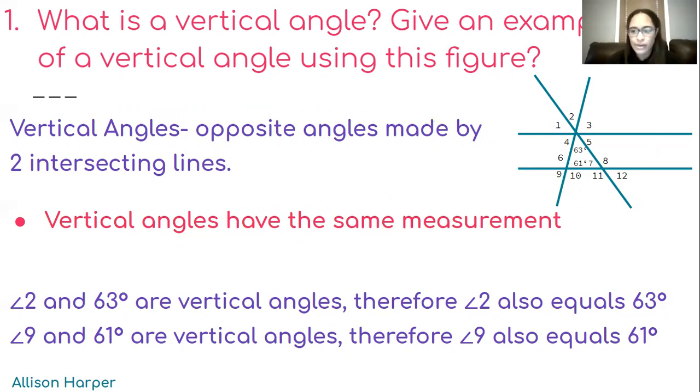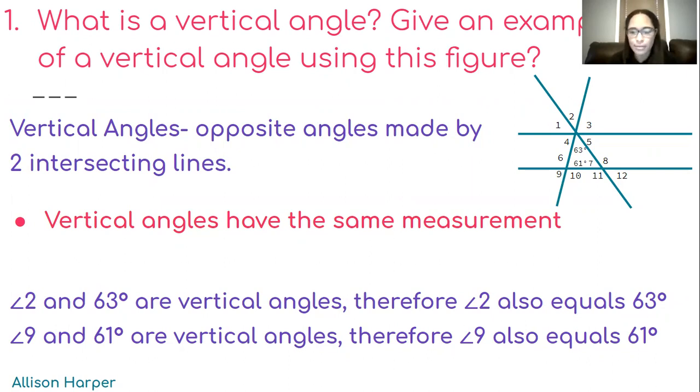So if we look over here in our example, angle 2 and our given measurement of 63 degrees are vertical angles because they're opposite and they're made on intersecting lines. So angle 2 will also be 63 degrees.